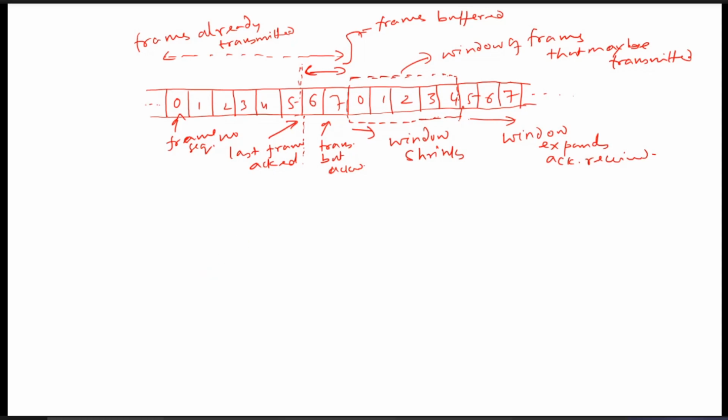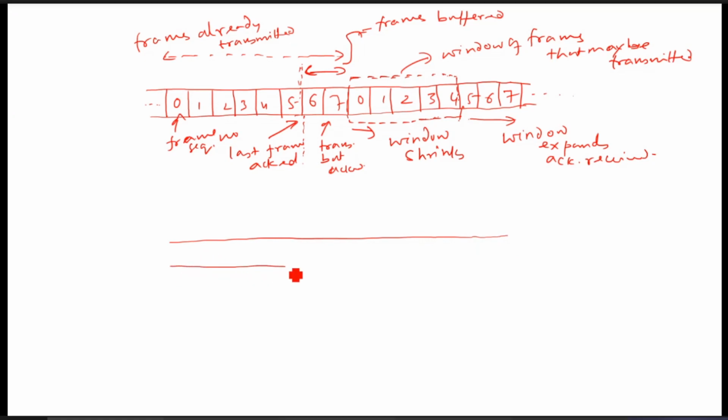Now consider the receiver perspective. Here the same thing will be there: how window size will shrink and window will expand, depending on the number of frames received and the acknowledgement transmitted.